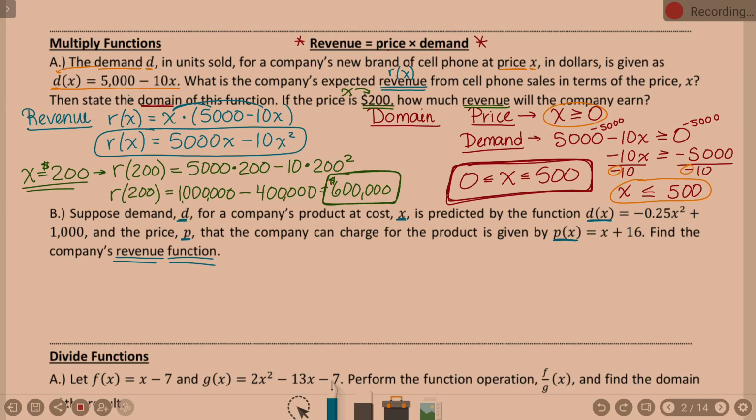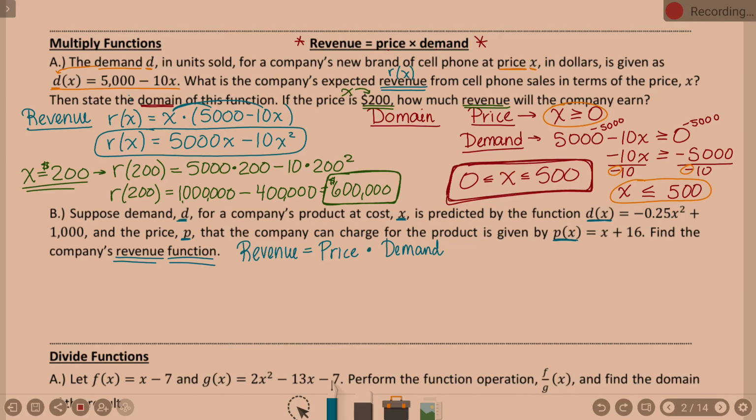And they gave us a function for P of X. Okay, guys, remind me, how do we find revenue? Okay. Revenue is price times demand. I probably should not have used a multiplication X there. Okay.